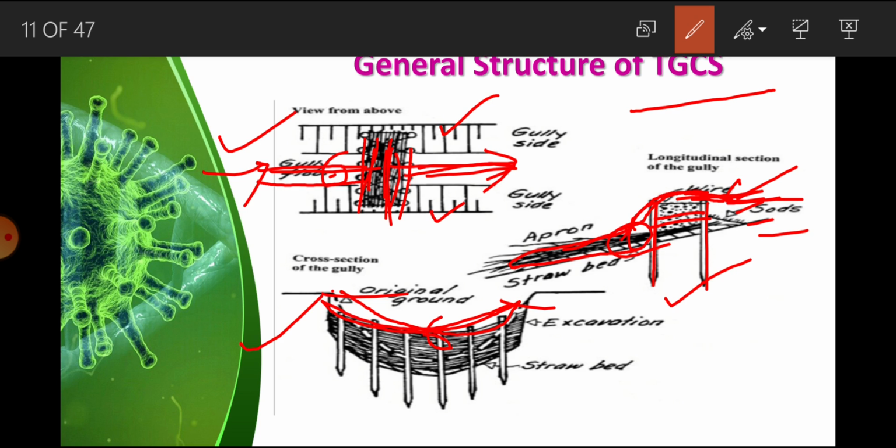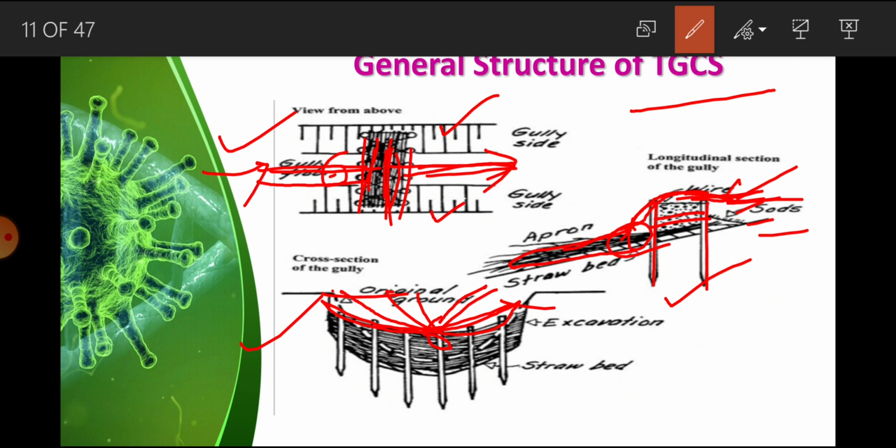What will happen when runoff passes over these dams? The concentration of flow will pass from the center of the dam. This will allow more runoff to flow from the center.